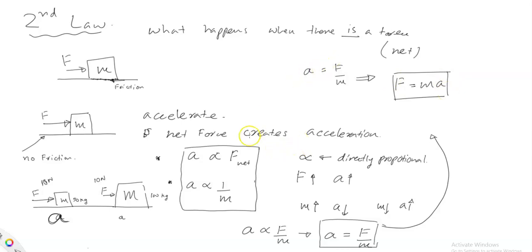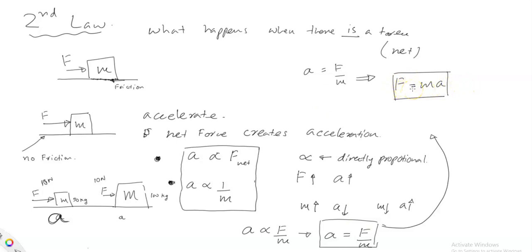It comes from these two proportionality relationships, this one and this one over here. We combine them into a single relationship, then we change it to a single equation, and then we rearrange the terms and make it into this equation where F is on one side, and the product of mass and acceleration is on the other side.